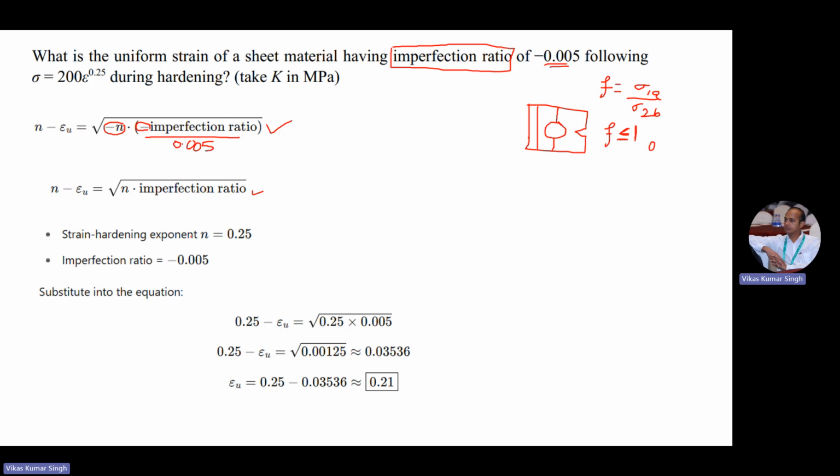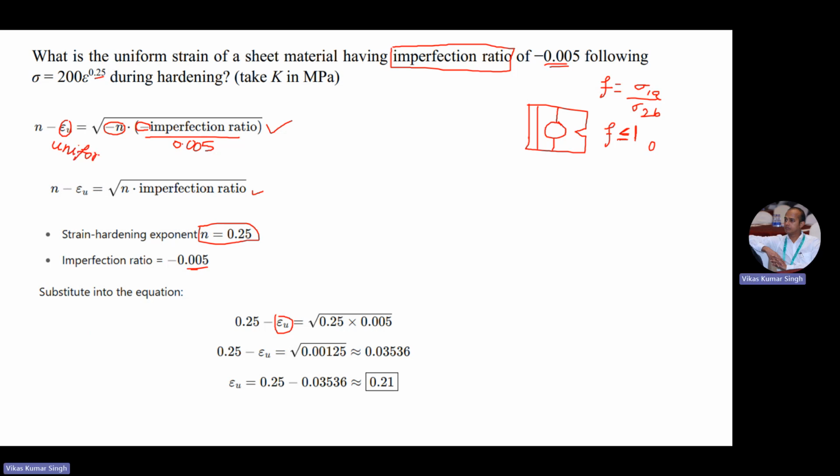Now we put in the n value, which is 0.25 and comes from here, and the imperfection ratio, which comes from here. I am just taking the magnitude in the original formula. If you substitute, you will get the equation for epsilon u, and what is asked here is the uniform strain.